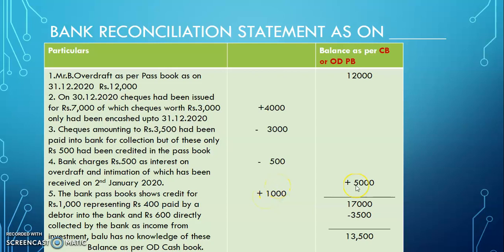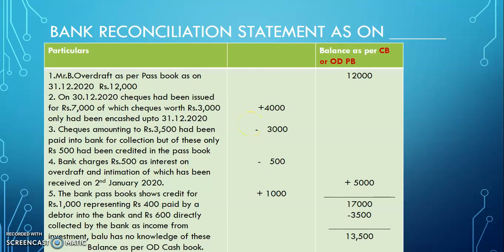So the net add amount is 5,000. So we can add this 5,000 to 12,000. We can get 17,000, and then total deductible amount is 3,500. So now we got balance as per overdrawn cash book is amounted to ₹13,500. So this is the direct rule we can apply.